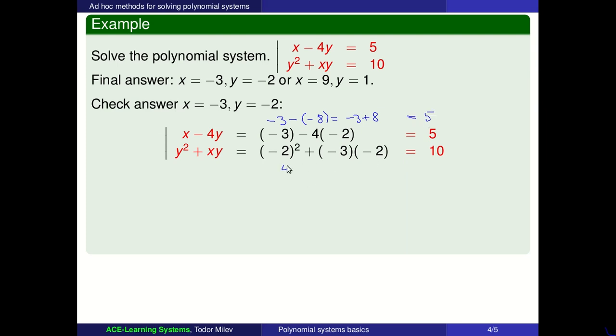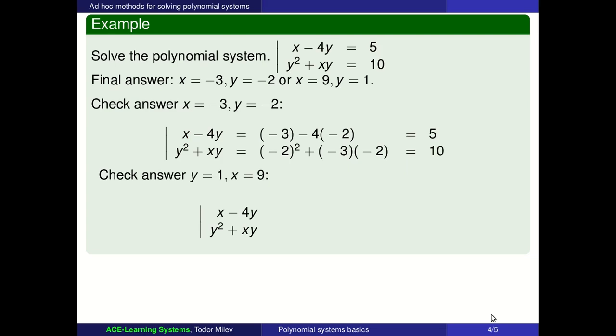And on this line, I'm getting 4 plus 6. Negative 3 times negative 2 is 6, and the sum is indeed equal to 10. So indeed, I do have that x minus 4y is equal to 5, and y squared plus xy is equal to 10, exactly as was required to solve this system.